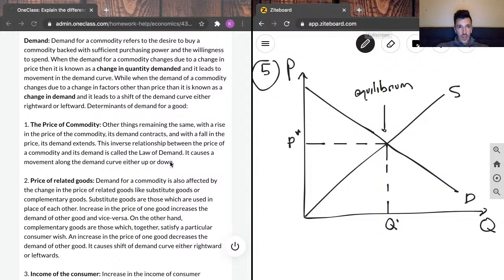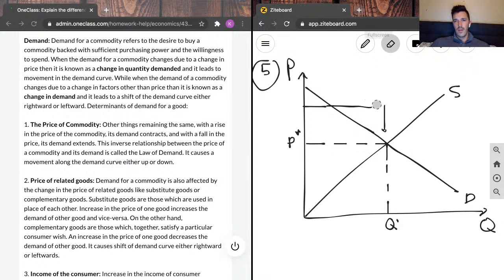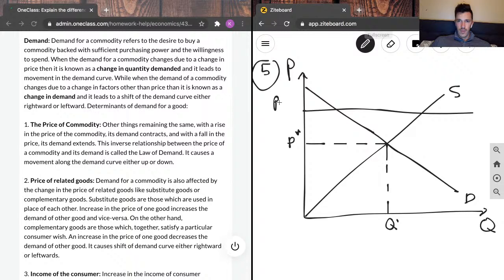So when there's a change in price, say the government imposes a price floor. Let me get rid of this equilibrium bit. I'll run through 2 scenarios here. One, the government imposes a price floor at a price that's above the equilibrium price.